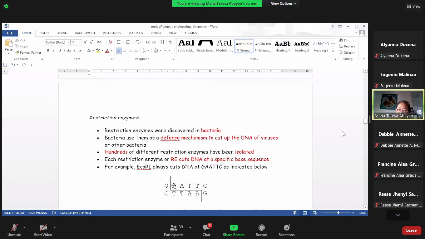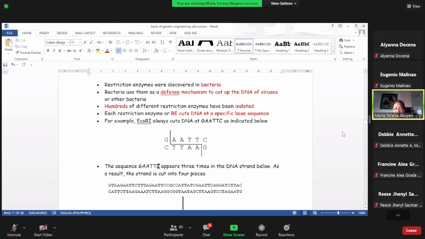Between G and A, and between A and G below. Now, the sequence GAATTC appears 3 times in the DNA strand below. As a result, the strand is cut into 4 pieces.